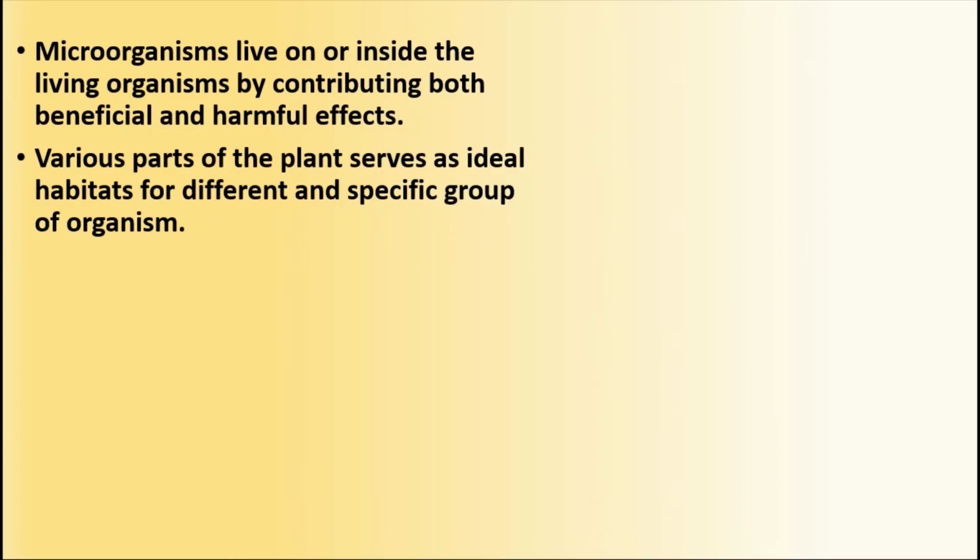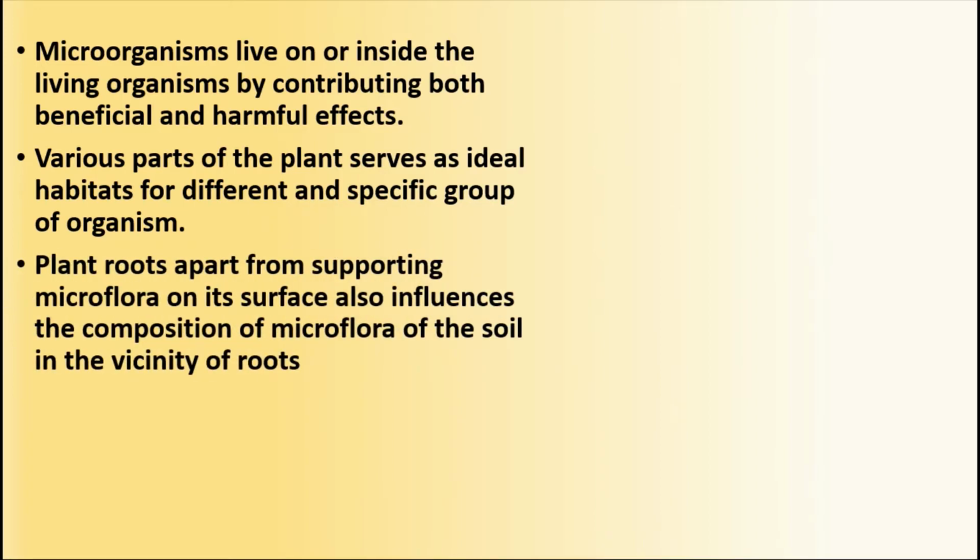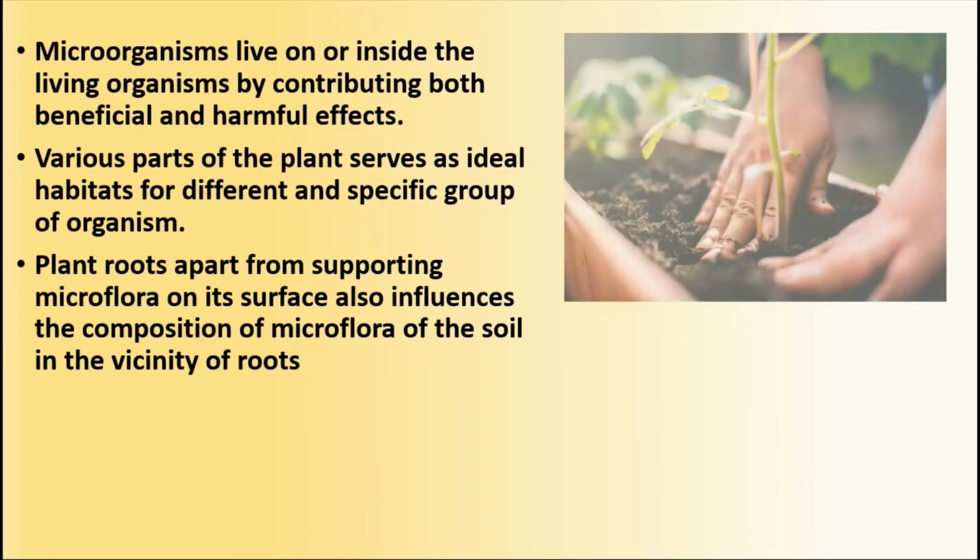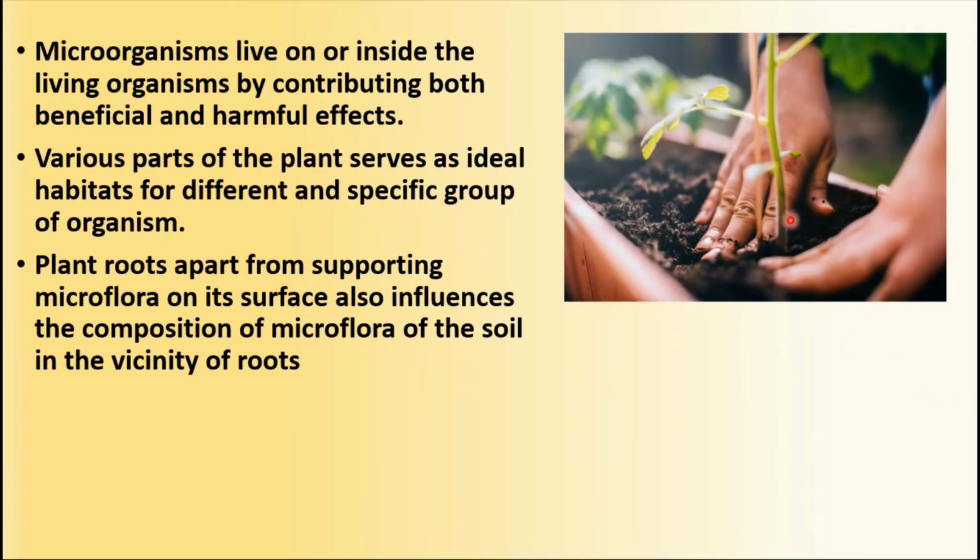Various parts of the plant serve as an ideal habitat for different and specific groups of microorganisms. Microorganisms are present on the root, leaf, flower, fruit, seeds, every part. The plant root, apart from supporting the microflora on its surface, also influences the composition of microflora, that is the variety of microorganisms of the soil in the vicinity of roots.